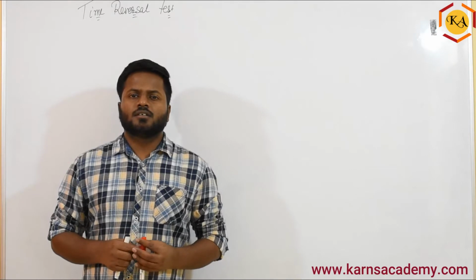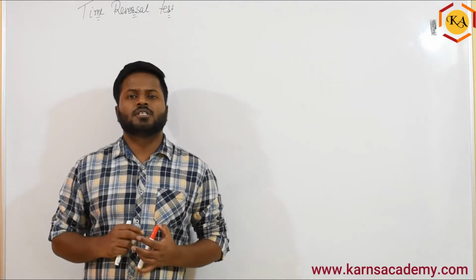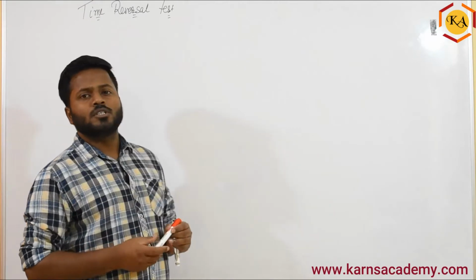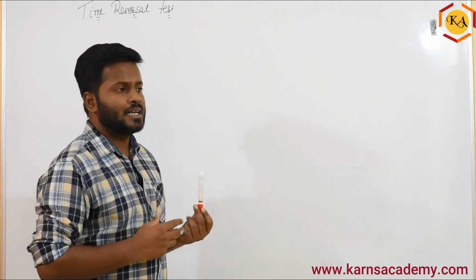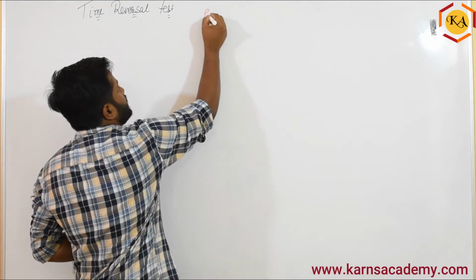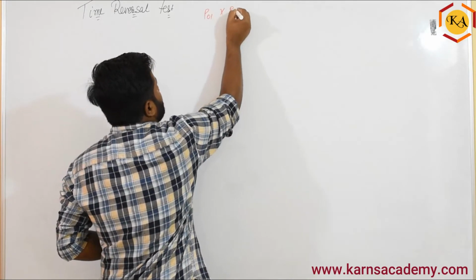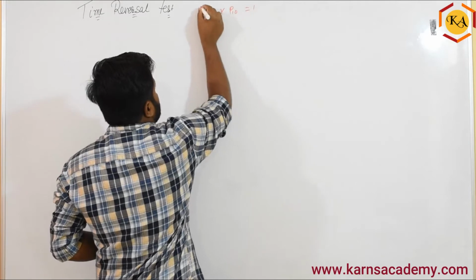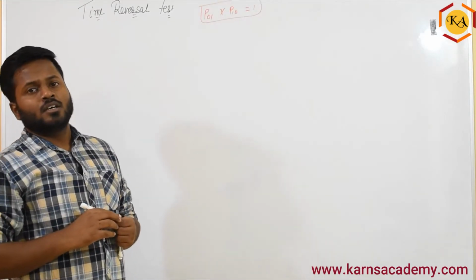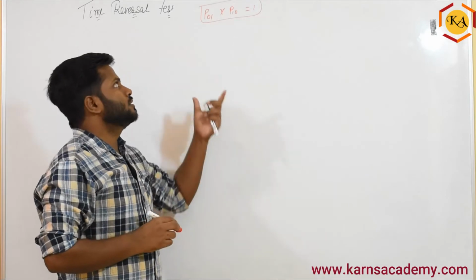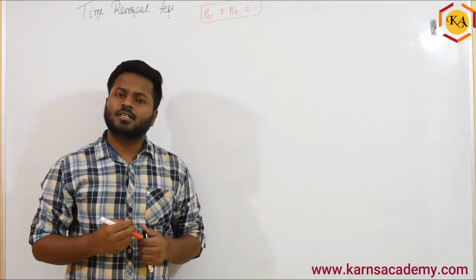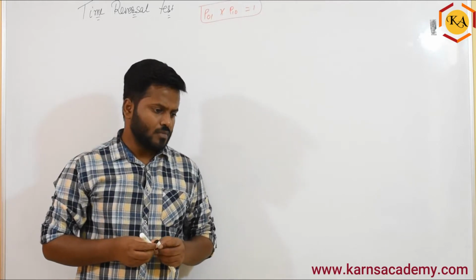Next, let's talk about the time reversal test in detail. As I told you in the previous video, the condition for the time reversal test to be satisfied is that P01 into P10 should be equal to 1. This is the main condition we are supposed to remember while solving the time reversal test.